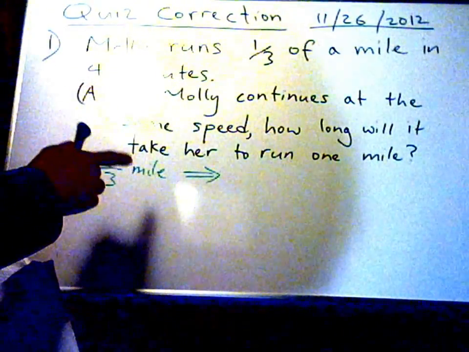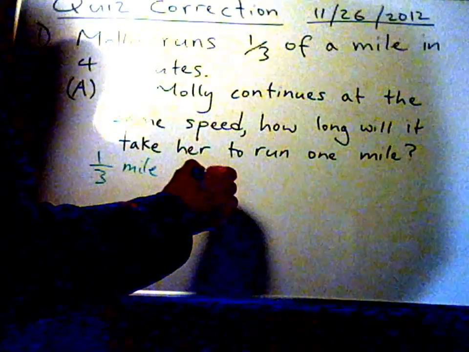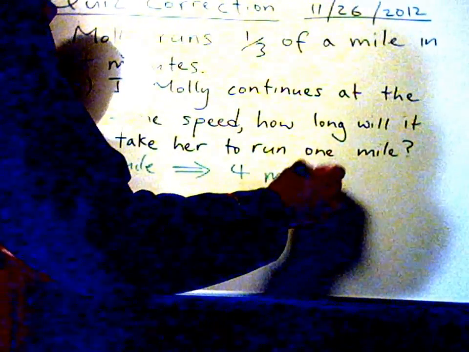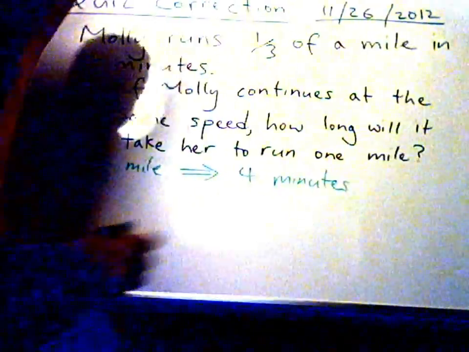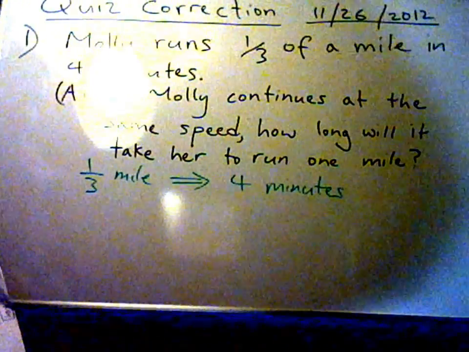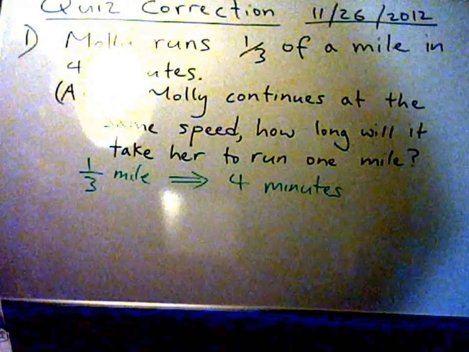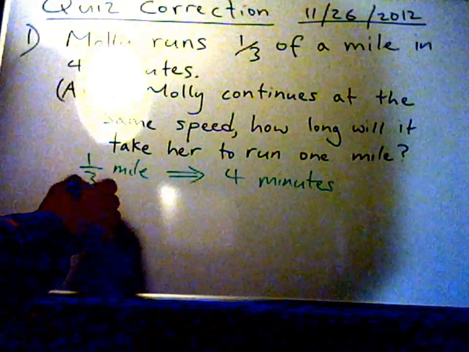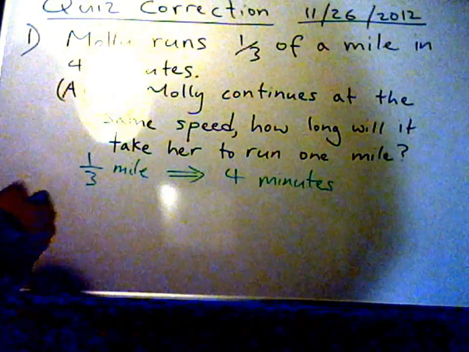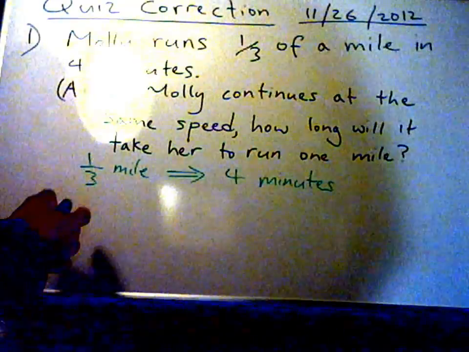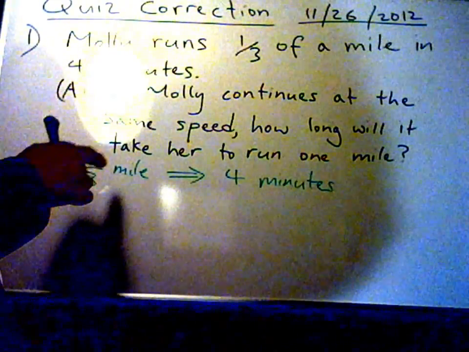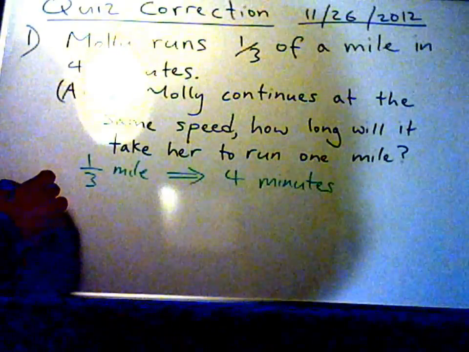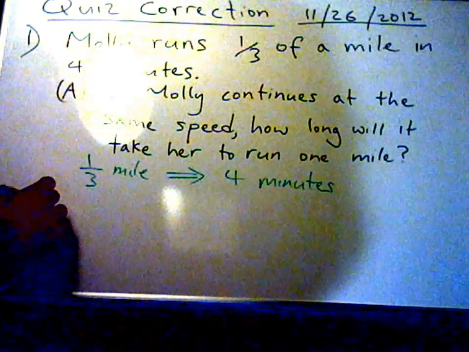Notice I'm using that arrow, not an equal sign. So basically we want to find out how many minutes it would take to run a whole mile. So we can make a table and explain our reasoning as we go.